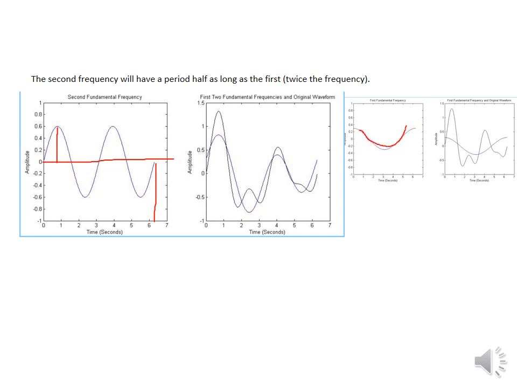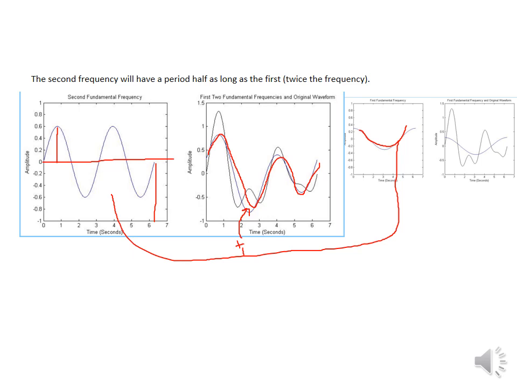So if you add them both, you will get this one. You see? So now you will see that this waveform gets a little bit similar in shape to the original waveform.